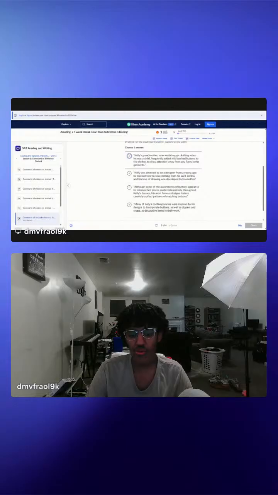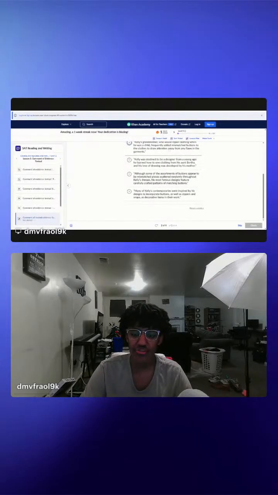Kelly's grandmother, who would repair clothes when he was a child, frequently added mismatched buttons to the clothes to draw attention away from flaws in the garments. Kelly was destined to be a designer from a young age.